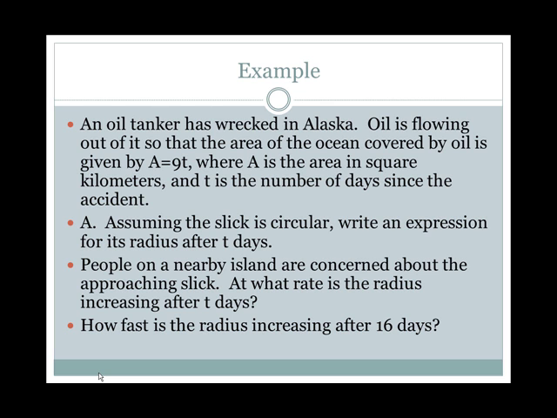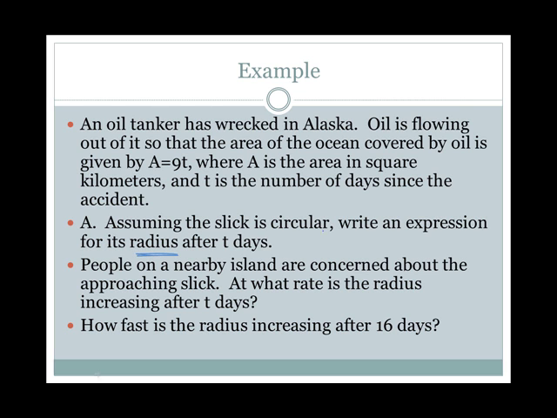So first, let's write an expression that relates radius with time. We're given that the area of this particular oil spill in relation to time is A equals 9t. That's a model that they did by collecting data. We also need to somehow get radius involved, and A equals 9t doesn't involve the radius.